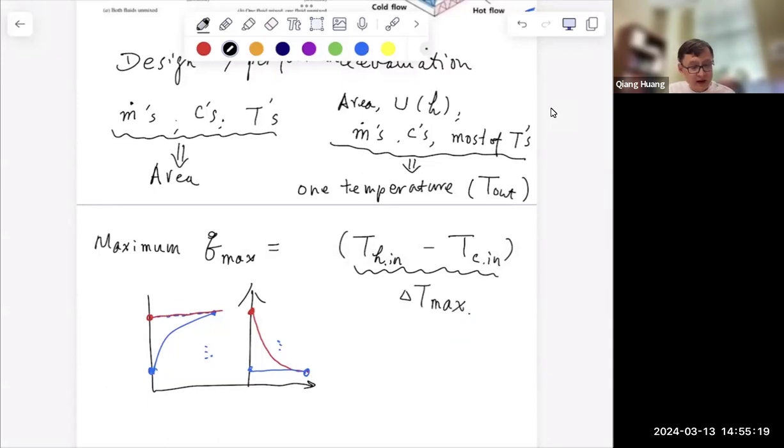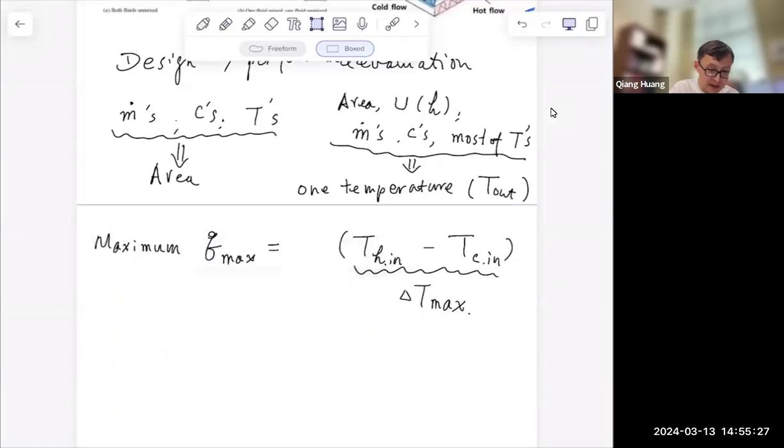Possible. However, between these two cases, the smaller one will be the true maximum. Between the hot and the cold, the smaller capacitance will determine the maximum.